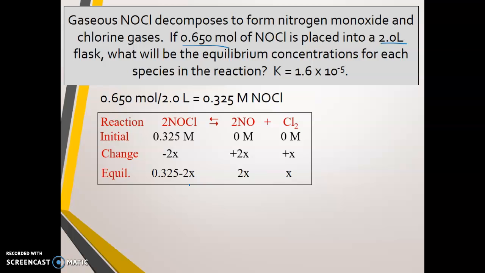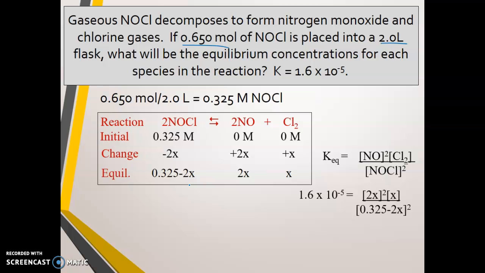So the K expression, we've been writing these, so I just have that. There is nitrogen monoxide concentration squared times the chlorine concentration, divided by the NaCl concentration, which is also squared. And so I plug the equilibrium line into the K expression here.